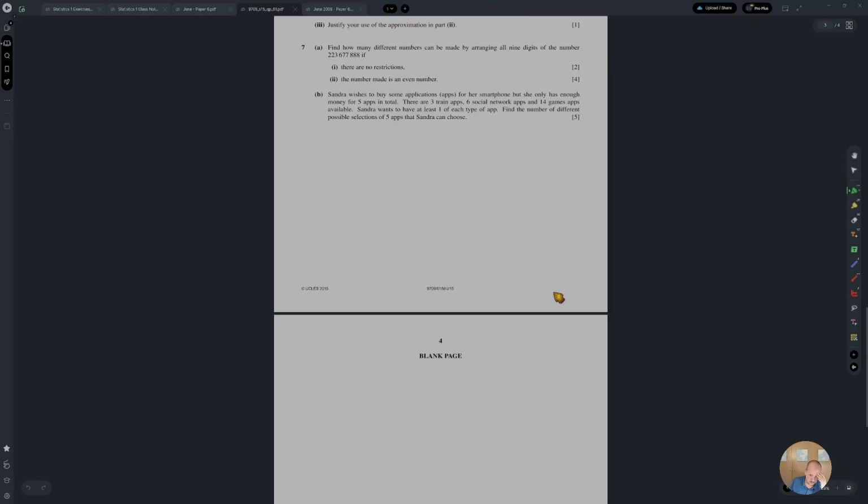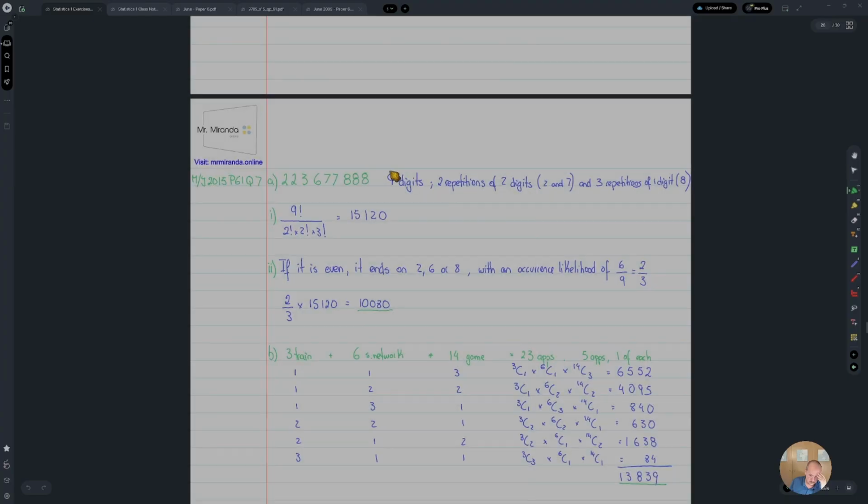Now, if the number made is an even number, for it to be an even number, it must end in 2s, in 6s, or in 8s. How many possibilities do you have? Well, what is the likelihood of occurrence of this? You have 6 different digits out of 9, which corresponds to 2/3.